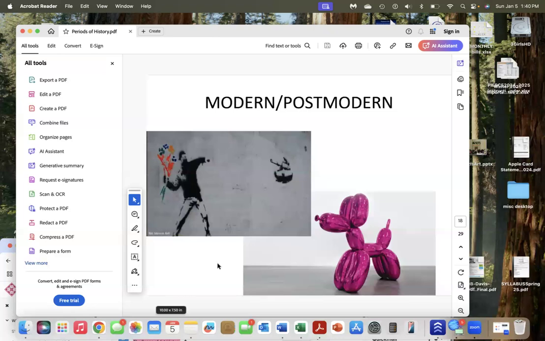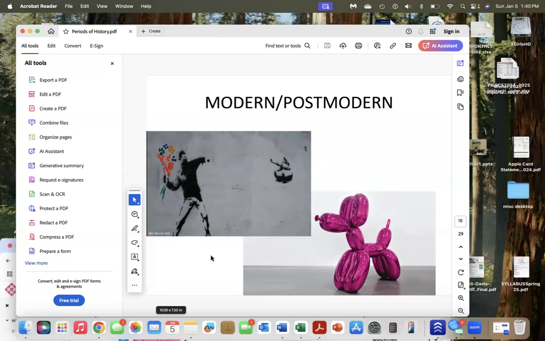And then we get into more current times, modern and postmodern. You will learn about Banksy. He is anonymous. He's been doing this for around 20 years, if not longer. He's British, and he is just poking the nose at everybody in the establishment, particularly the wealthy, and war.